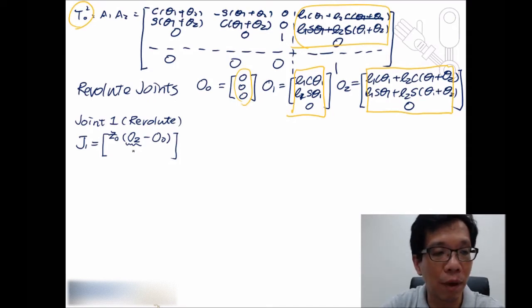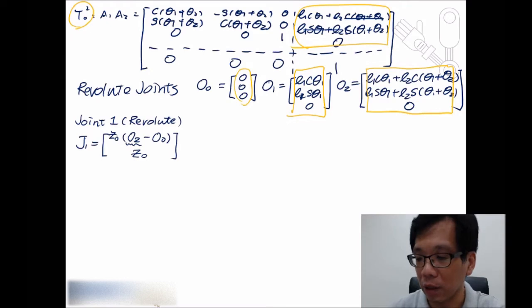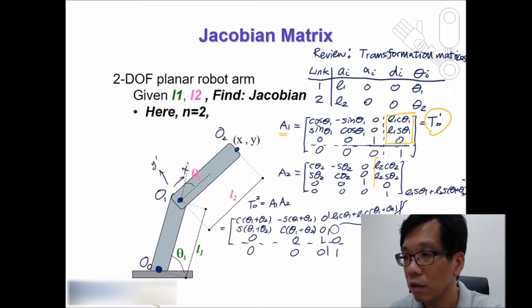For the J omega part, it's going to be Z0. So Z0 over here comes from this part.